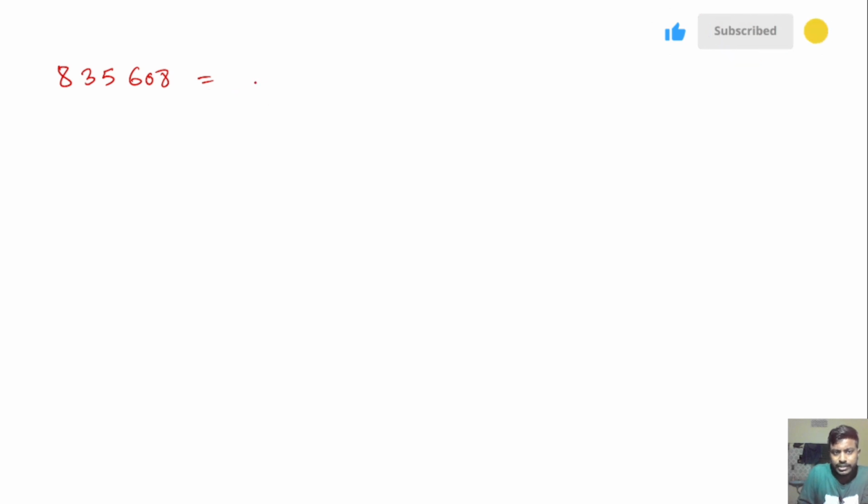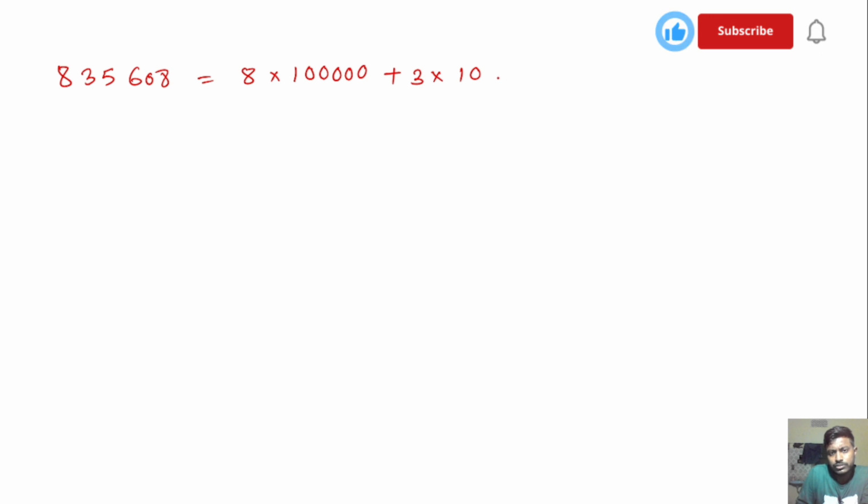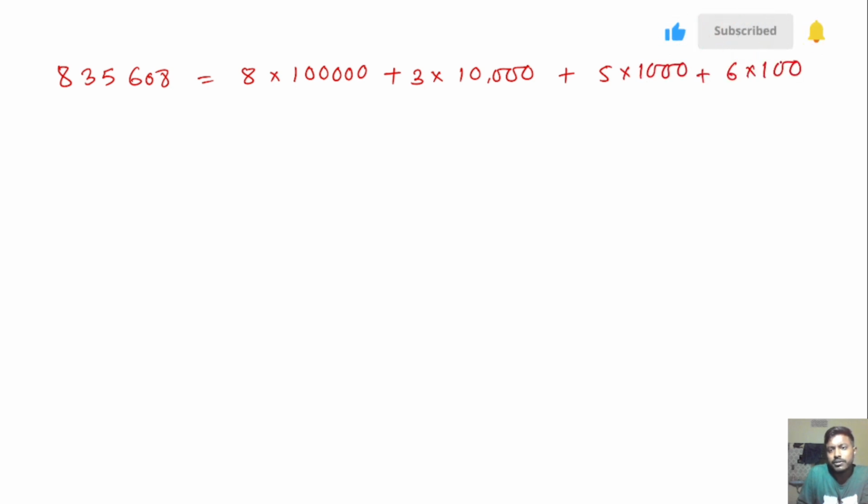Okay, first we can write 8 into 1 lakh plus 3 into 10,000 plus 5 into 1000 plus 6 into 100 plus 0 into 10 plus 8 into 1.